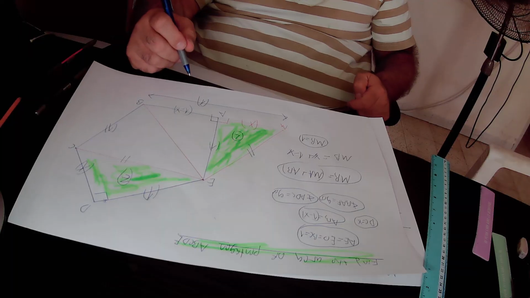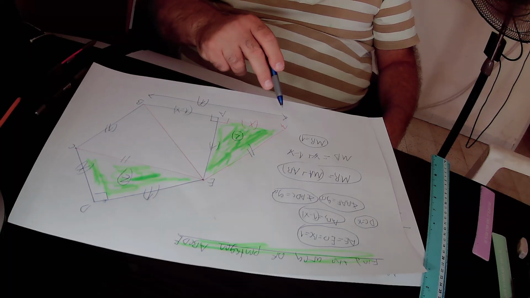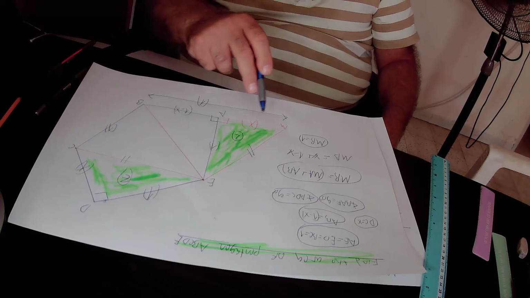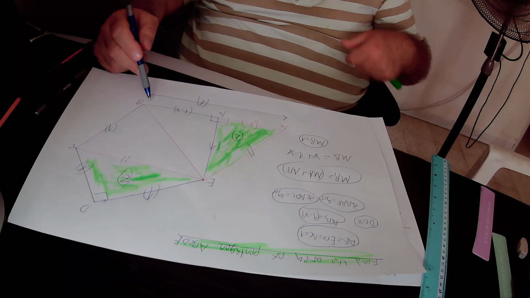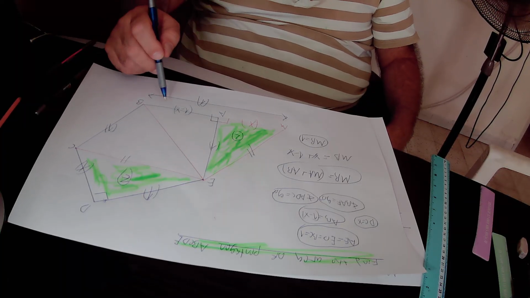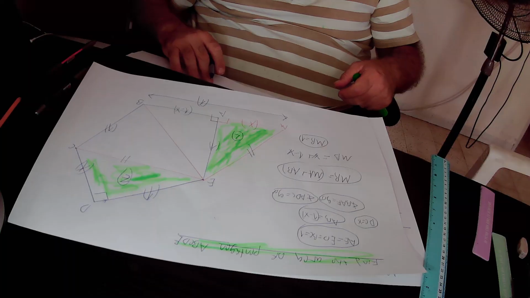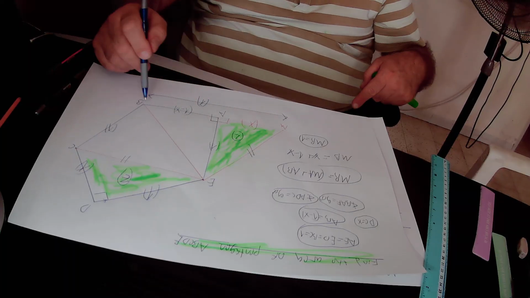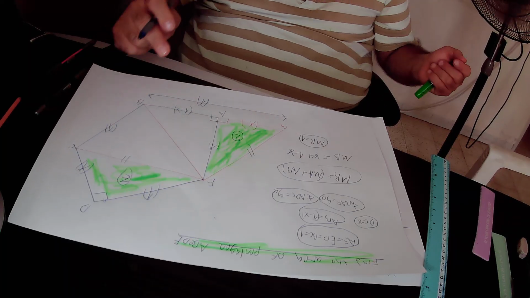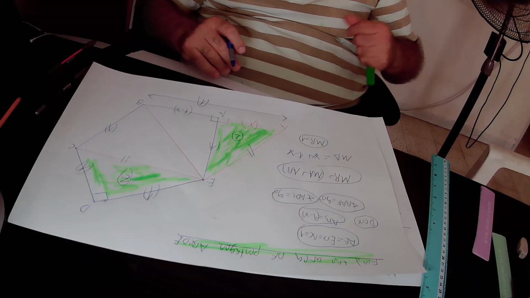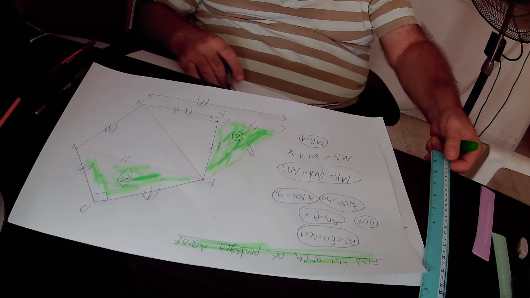So in the next step, we prove that triangle MEB can go into this triangle BEC. So we copy those two triangles onto a new page, and we prove that they can go into each other according to the side rule.